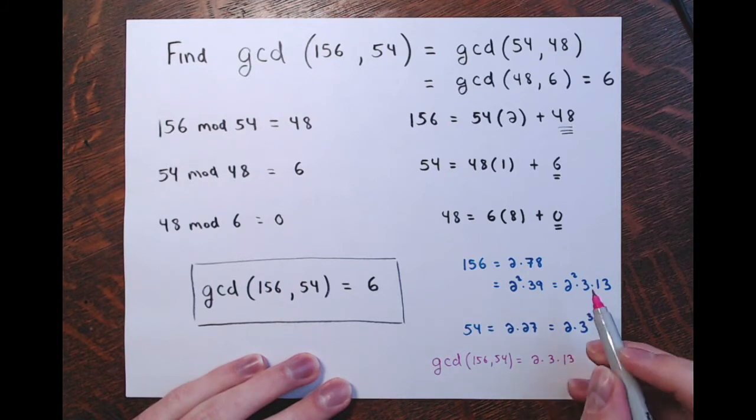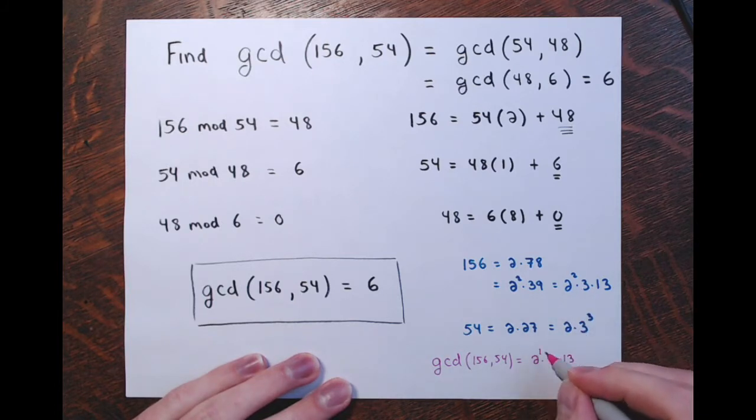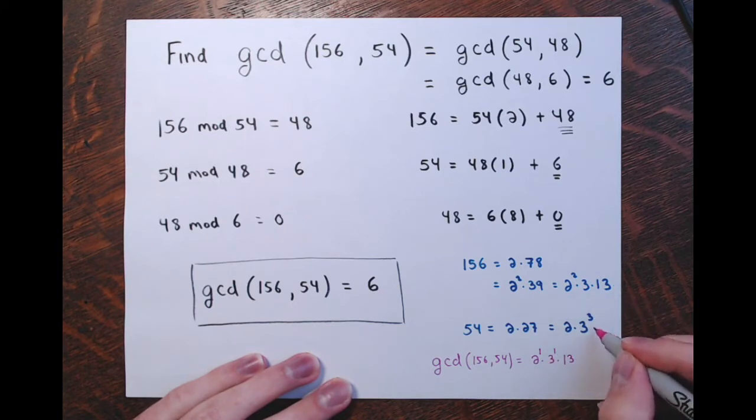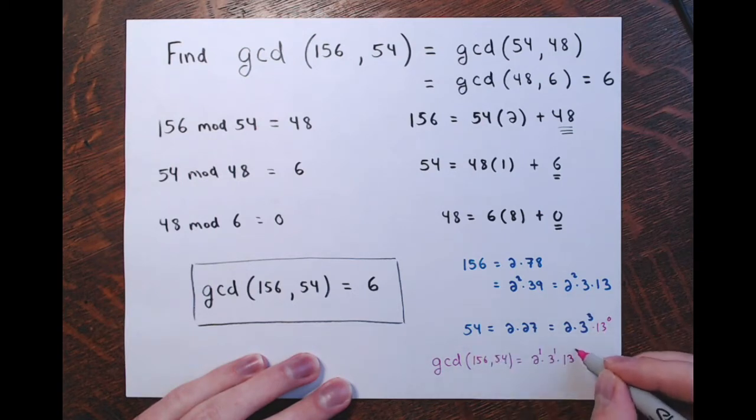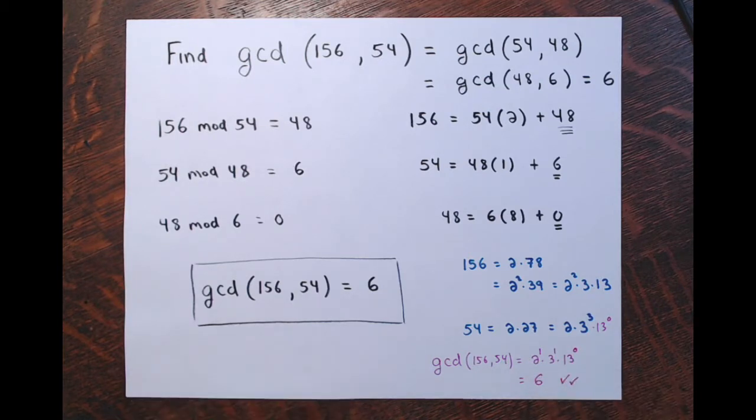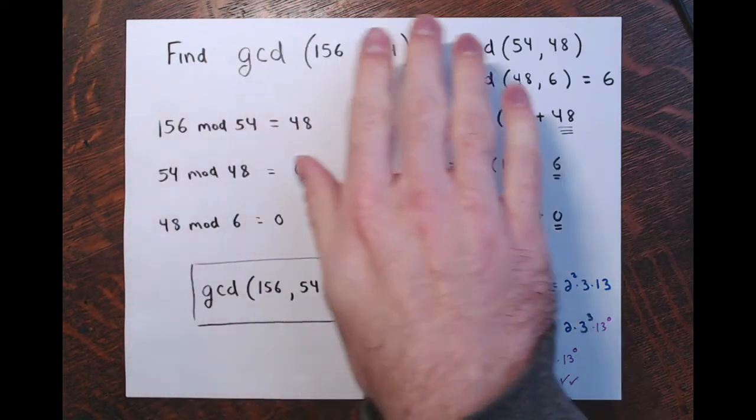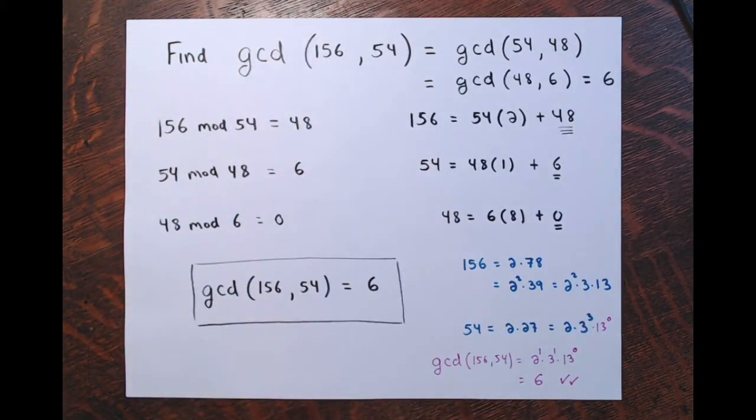The smallest power of 2 is to the first, the smallest power of 3 is also to the first, and then the smallest power of 13 is technically to the 0, because there is no 13 in this factorization of 54. And see, I have 2 times 3 times 1, which is 6. So check on that. That's the same number I got using this Euclidean algorithm, or Euclid's algorithm.